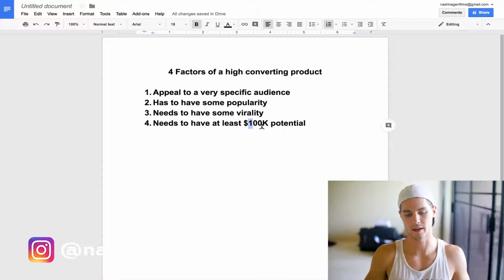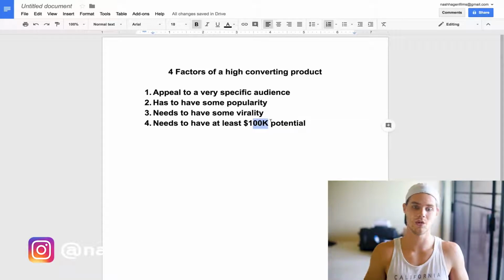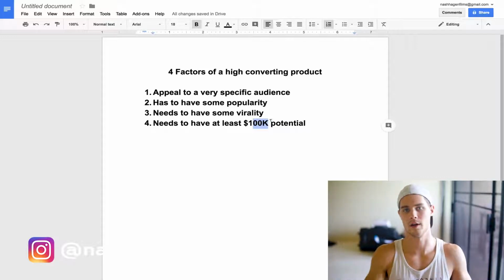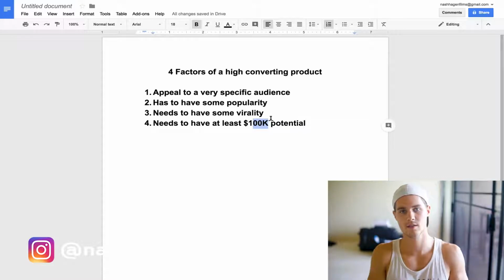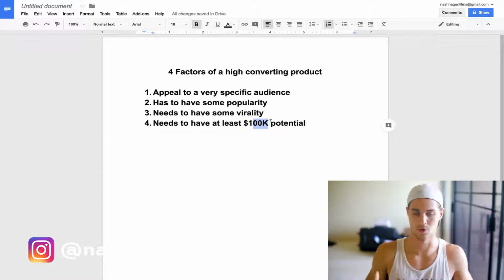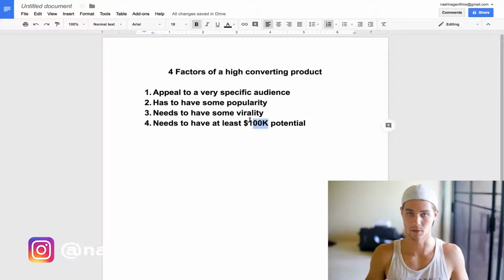But if you find a product that has $100,000 potential, that means you can sell that product over the course of a couple months and not burn out. Eventually it probably will burn out just because that's the nature of the game and you're going to have to find a new one anyways. But at least your business can last a little bit longer than just a few weeks or few months before you have to go find some more products.